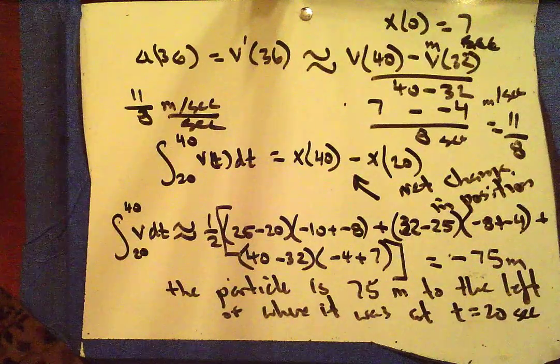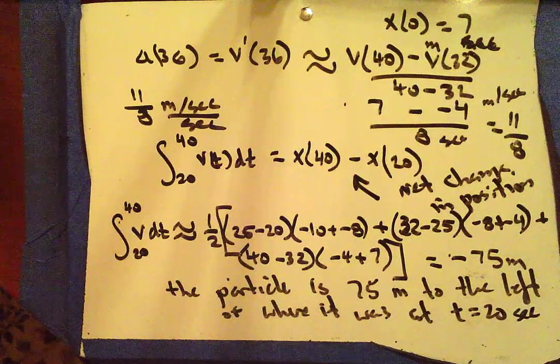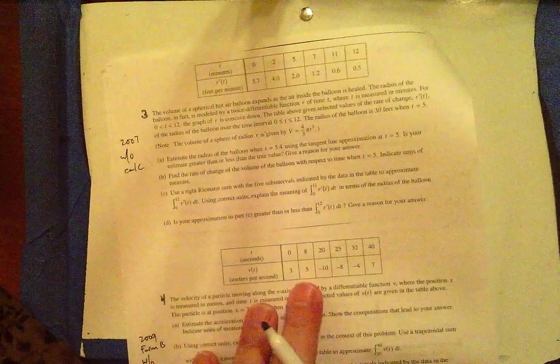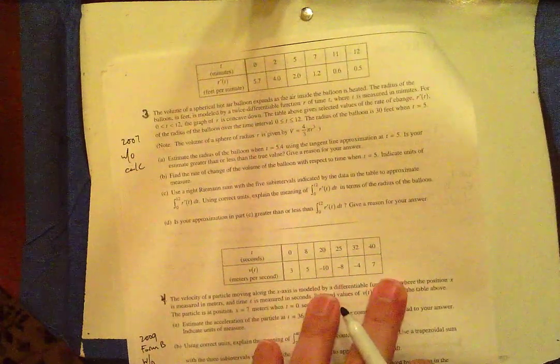So now part C says, for 0 to 40, must the particle change direction in any subinterval indicated by the data? Sure. Velocity was positive, then velocity is negative, then velocity is positive again.